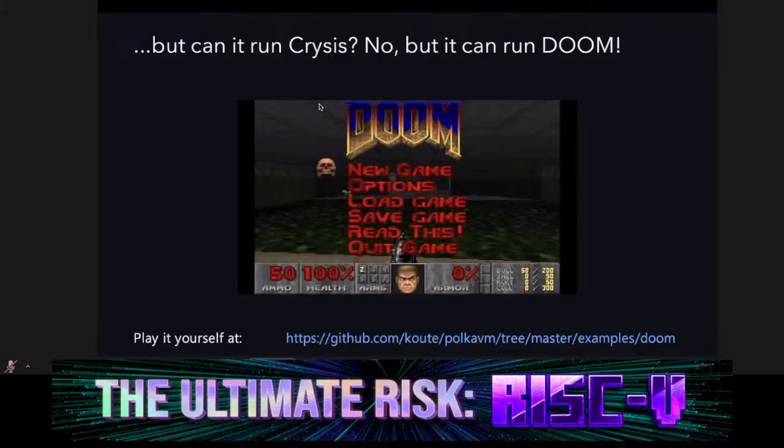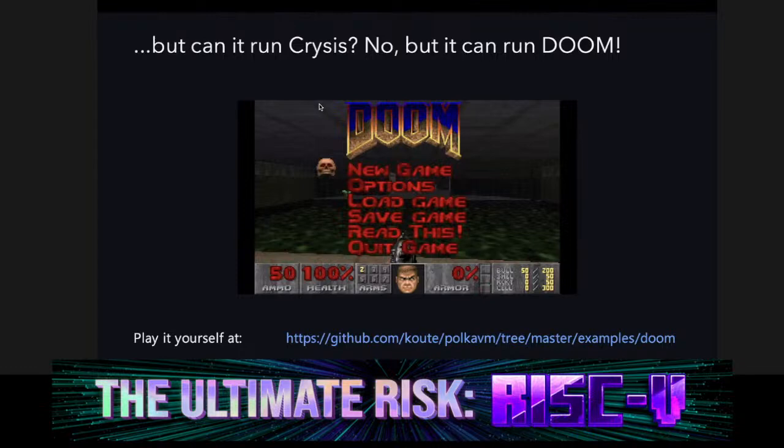And okay, so our VM can do quite a lot. Can it run Crysis? Not yet, but it can run Doom. I have ported Doom to our VM, and it runs fully within the VM, including the graphics and the sound. Everything except I/O, obviously. So input, output, you cannot encapsulate that fully within the VM because the user has to interact with it somehow.